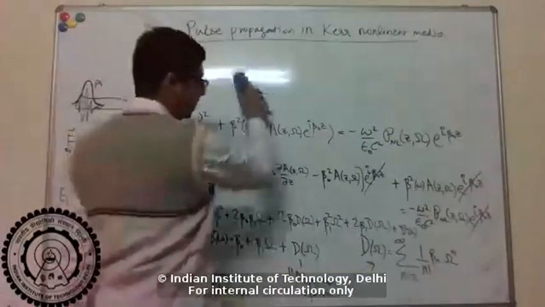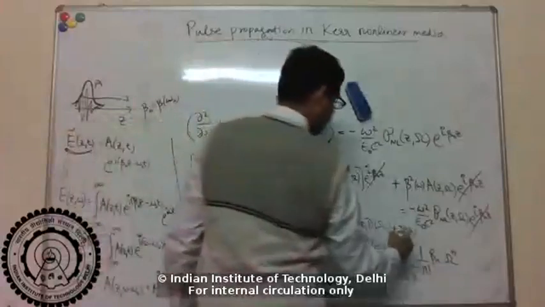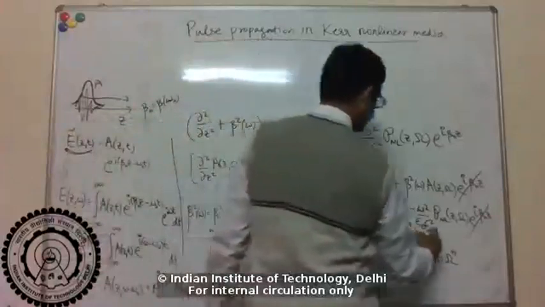But we immediately neglect this D squared, saying it's very small.